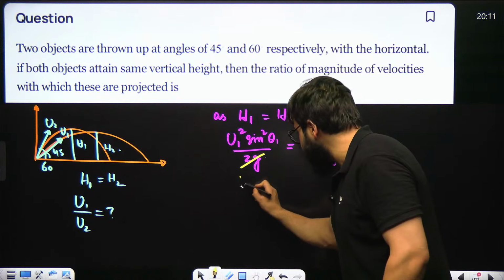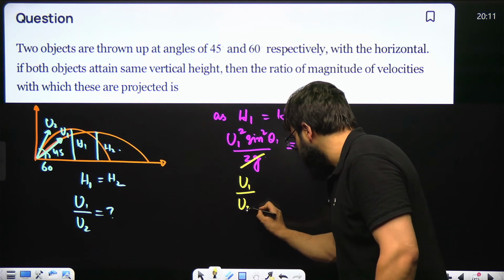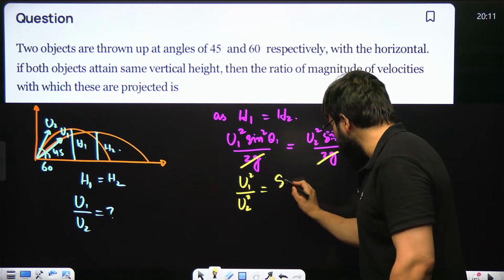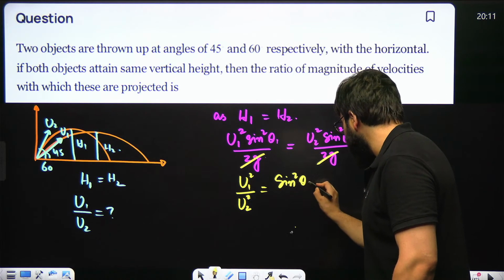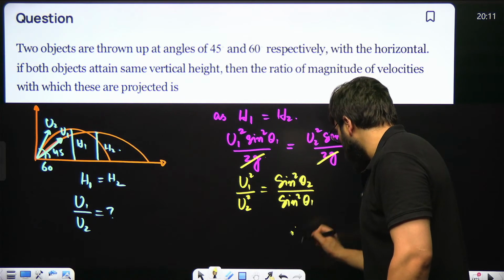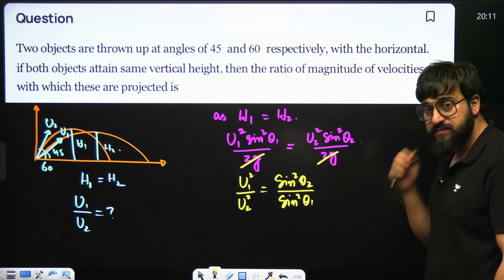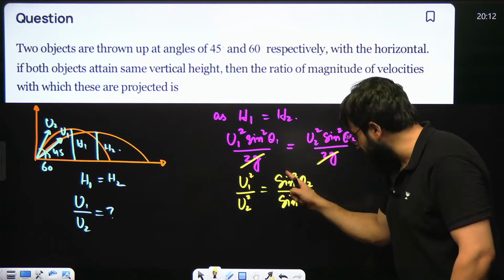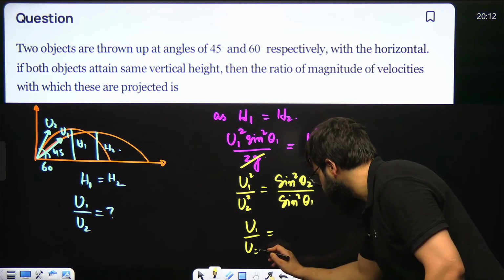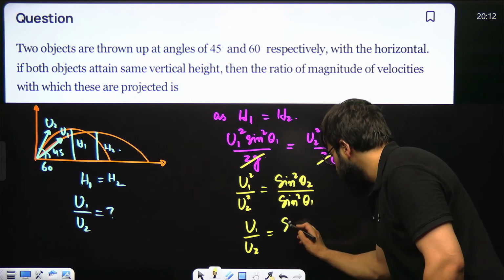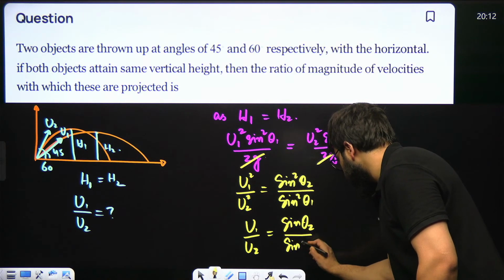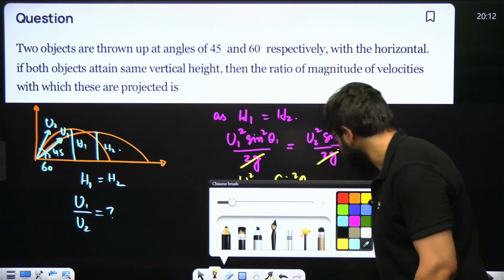So I'll write (u1 divided by u2) square is equal to sine square of theta 2 divided by sine square of theta 1. Now, taking the square root, u1 divided by u2 is equal to sine of theta 2 divided by sine of theta 1.